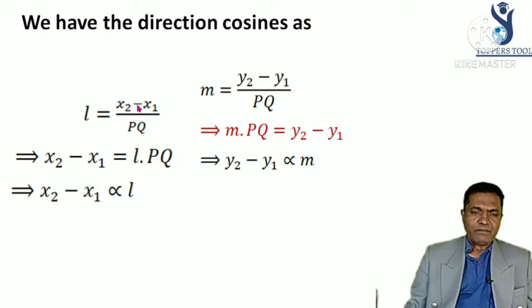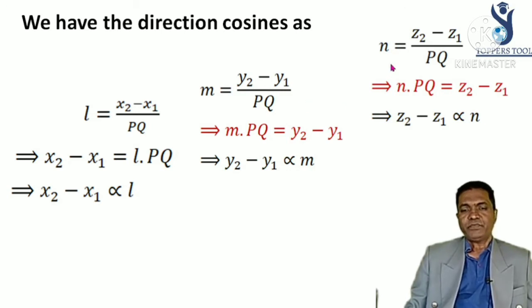If you cross multiply, x2 minus x1 is equal to l into PQ. So what does it imply? x2 minus x1 is proportional to l, where PQ is constant. Similarly, m is y2 minus y1 by PQ, so m into PQ is equal to y2 minus y1, so y2 minus y1 is proportional to m. Similarly, we have z2 minus z1 by PQ as n. If you cross multiply, you will get this, which implies z2 minus z1 is proportional to n.